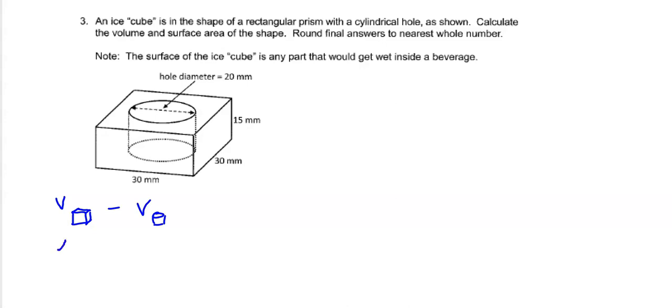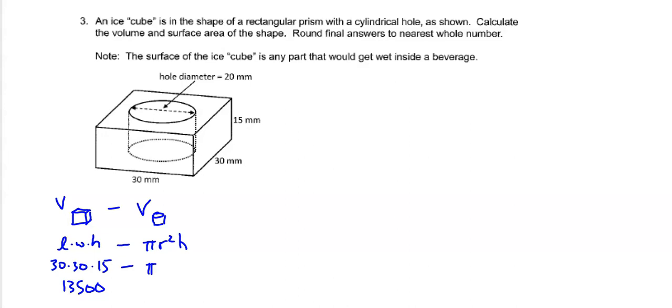So volume for a box is just length times width times height. Volume of a cylinder is pi r squared h. So length times width times height is 30, 30, 15. So 30 times 30 times 15, which is 13,500. And then we need to take away from that pi. Well, what's the radius?